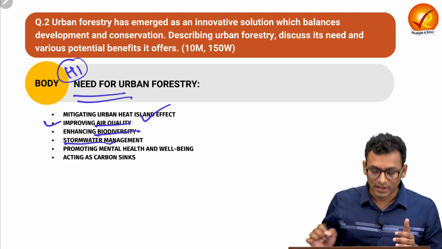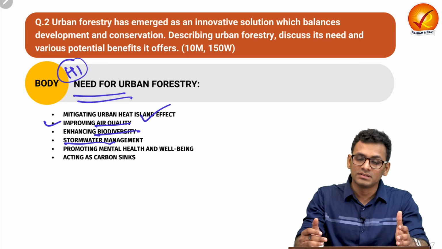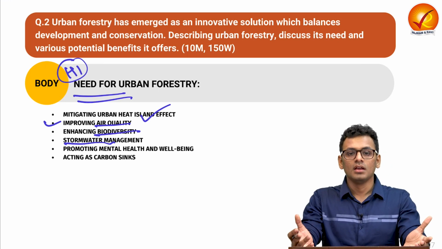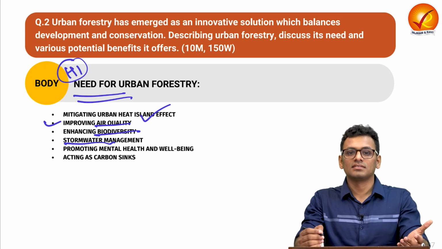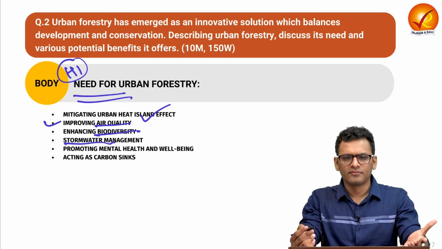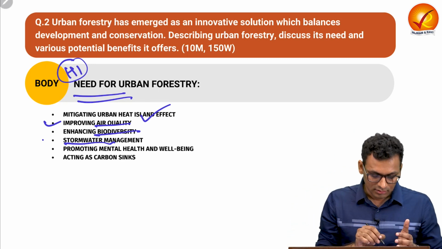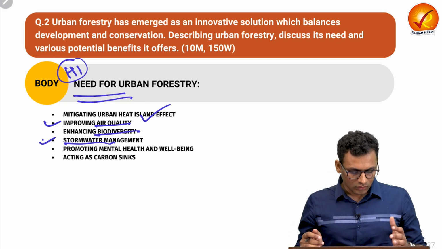Then stormwater management: as we mentioned, urban spaces are concretized, so we do not have escape spaces for the stormwater, and we have witnessed issues like flooding. So urban forestry also helps with managing the issue of stormwater.